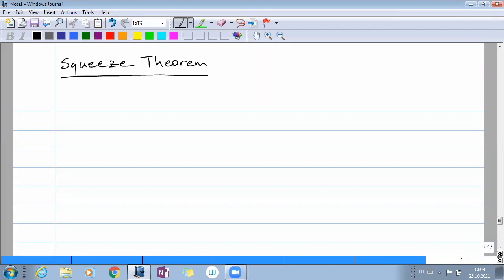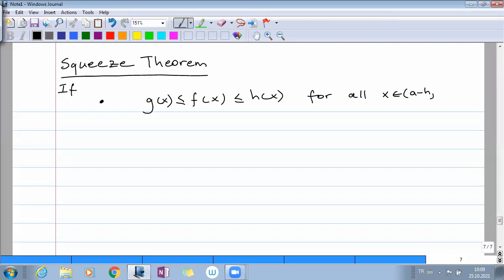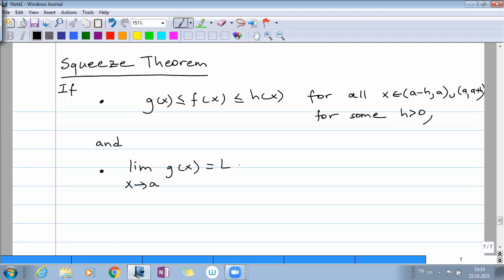Okay, so basically what it says is that if your function f is squeezed between two functions, g and h, around A, so I'm going to write my usual sentence, for all x in (A minus H, A) union (A, A plus H), for some positive H, and the limit of the function g at the point A, some number L, exists and is equal to the limit of the function h.